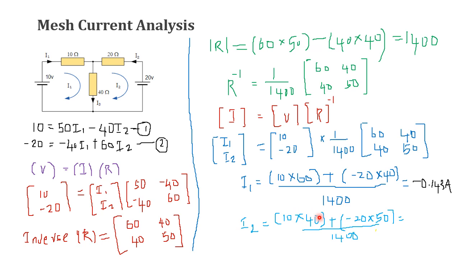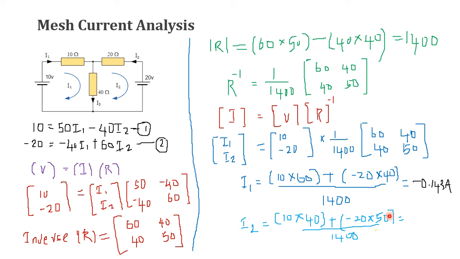Here I2 will be, 40 into 10 is 400, minus 1000, so 400 minus 1000 is minus 600.